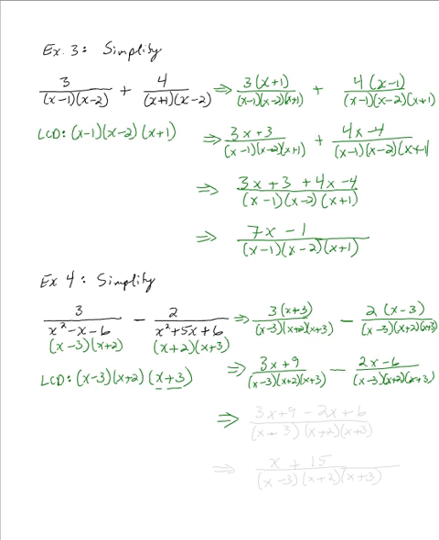So I'd have 3x plus 9 minus 2x plus 6, again over the denominator x minus 3, x plus 2, x plus 3. And combining like terms in the numerator would give me x plus 15 over the denominator x minus 3, x plus 2, x plus 3.